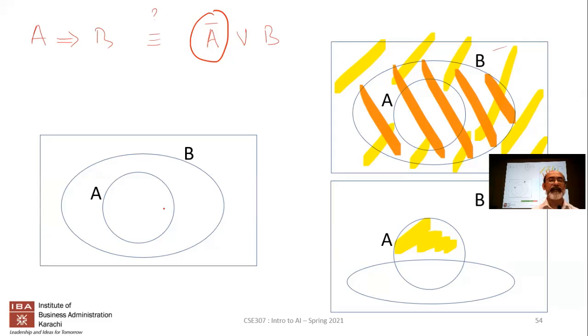But suppose that A is not a subset of B. Let's take this particular example. Here A is not implying B, right? In the second example, because this is false, A is not a subset of B. Now, in this case, if you take not of A and take a union with B, does it cover the entire universe?